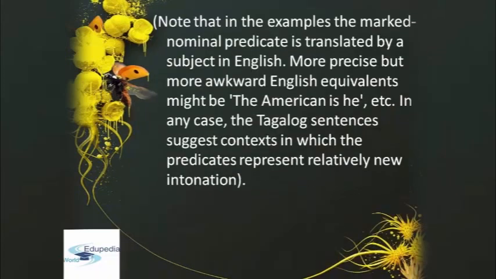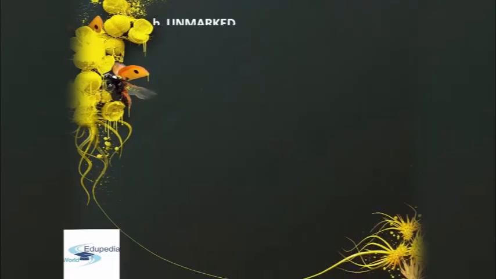Note that in the examples, the marked nominal predicate is translated by a subject in English. More precise but more awkward English equivalents might be: the American is he. In any case, the Tagalog sentences suggest contexts in which the predicates represent relatively new information.